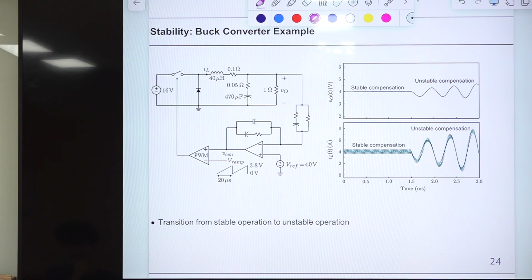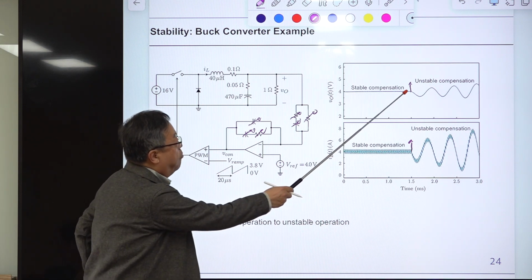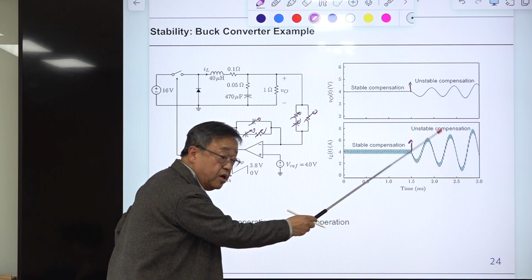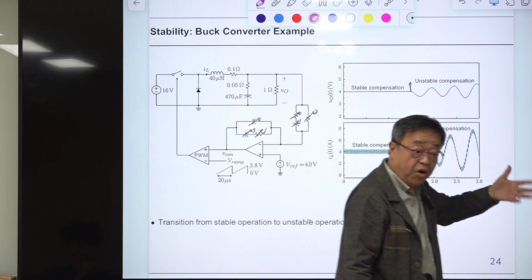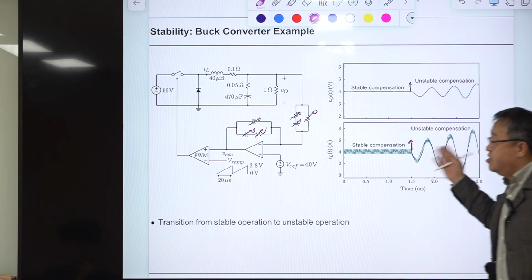This is very stable operation, and I initially modified this. Originally this one was optimally selected, and I modified this, okay, which makes this converter unstable. Then at this point it generates this: the output goes into oscillation, and the inductor current is oscillating. Okay, this is the response of an unstable converter. Of course, in practical operation some protective operation comes in here, or the switch will burn out. Okay, so your hardware is gone, right? So this is the situation.